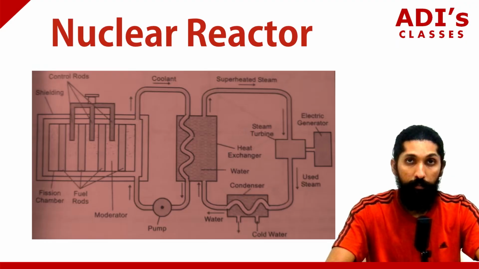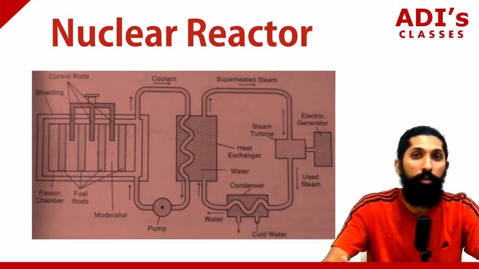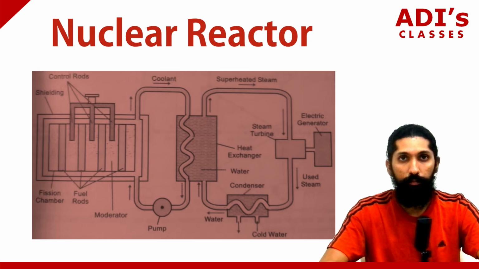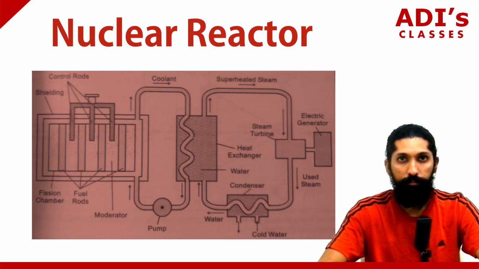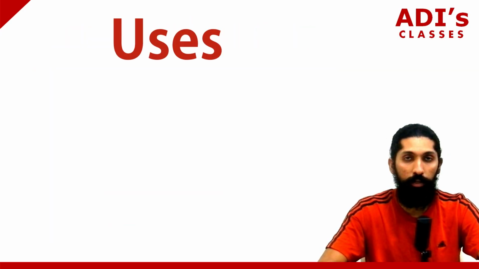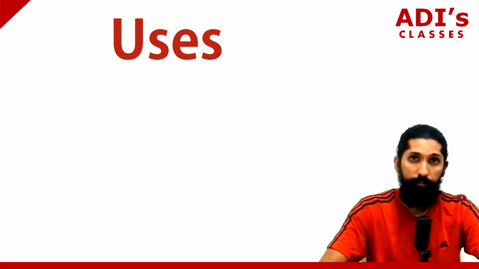Very simple. Now that you know what it is and how it works, what are the uses of a nuclear reactor? The main use of a nuclear reactor is production of current or electricity. That's the main job of a nuclear reactor. But apart from that, there are so many other things.